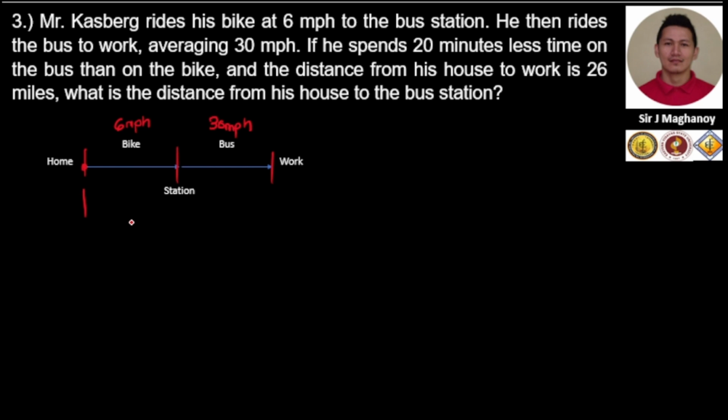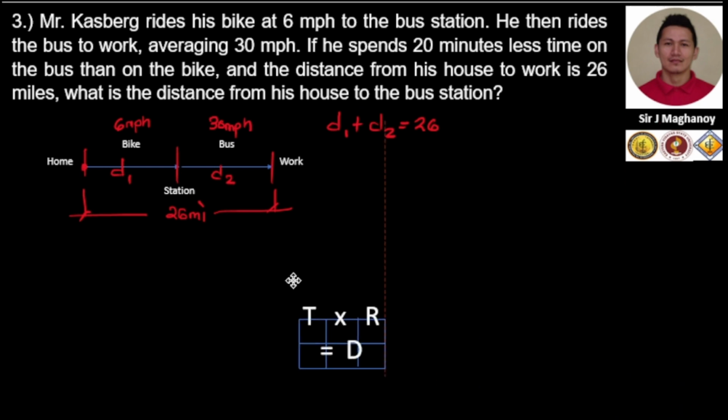The distance traveled using his bike, we can call D1, and the distance traveled by the bus, we can call D2. Therefore, we can formulate our equation: D1 plus D2 is equal to 26 miles. Okay, so let's bring out our time rate distance box.